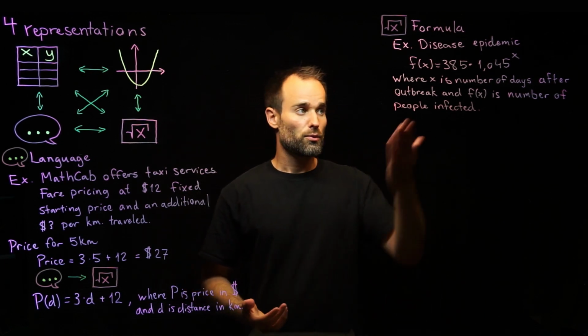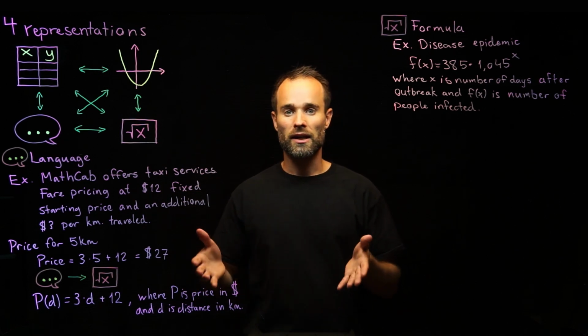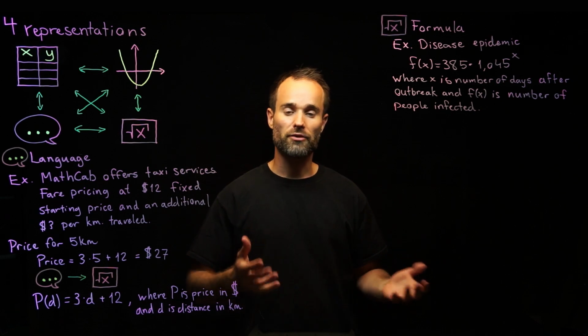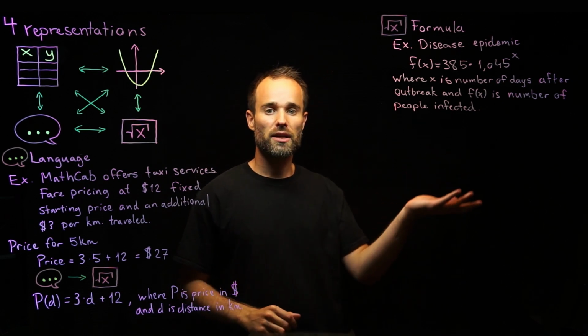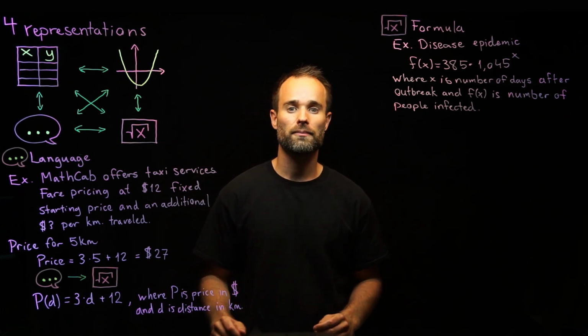The formula, which is also a function, the distinction between formula and function, again, having to do with whether the formula satisfies the requirements of being a function or not, it represents how many people are infected as a function of days after a disease outbreak.